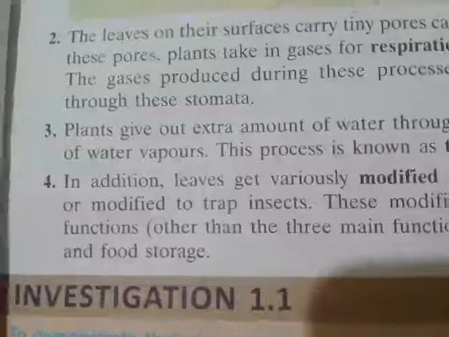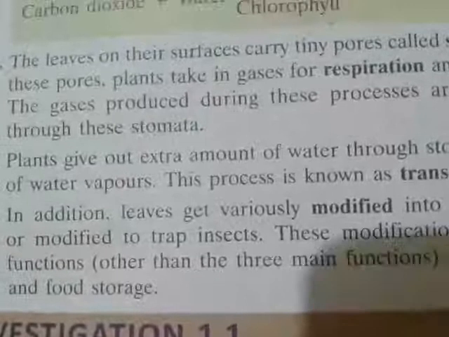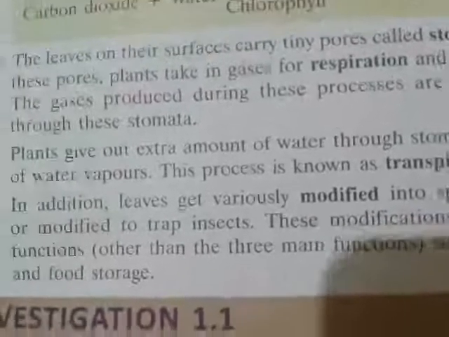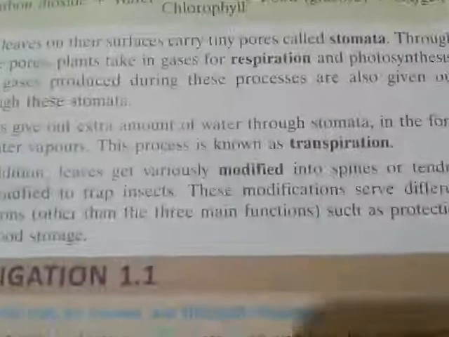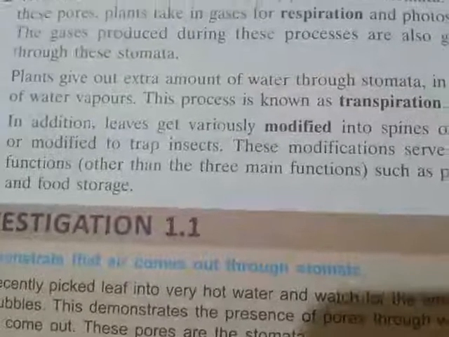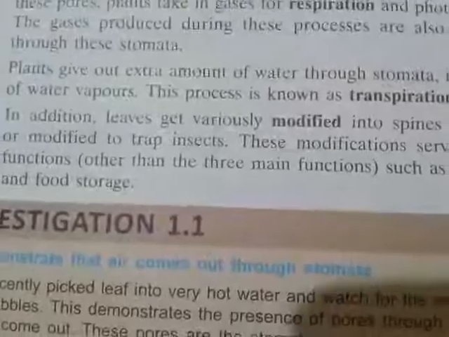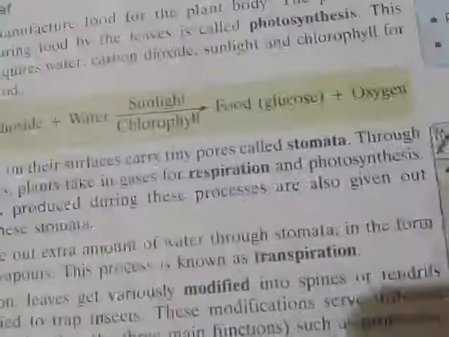Now the fourth point is, in addition, leaves get variously modified. You will learn these things after this topic: the plant also gets variously modified into spines or tendrils. Basically the plant is modified for protection as well as food storage. So this is the main purpose of the functions of the leaf.